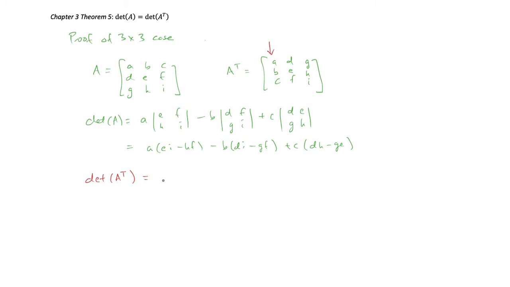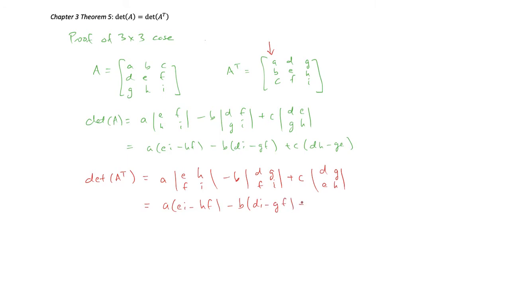So this will be A times the determinant of E, H, F, I, minus B times the determinant of D, G, F, I, and then plus C times the determinant of D, G, E, H. And you can see this is going to work out to be the same thing. So these match.